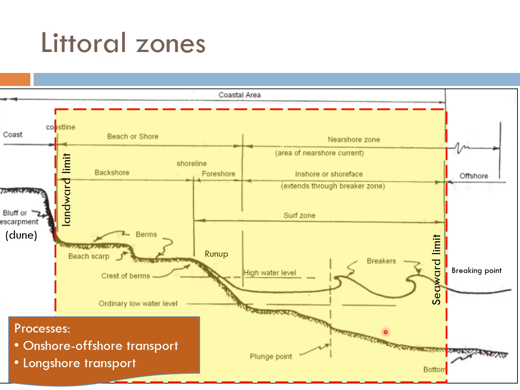Now, under normal weather conditions, we define this as the limit of the sediment transport, because it is less likely for the sediment to go beyond the breaking point, although that might happen in severe storm events.